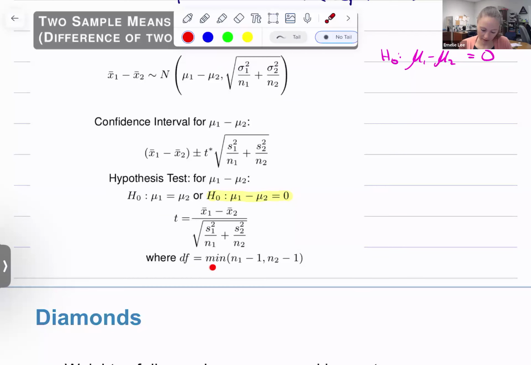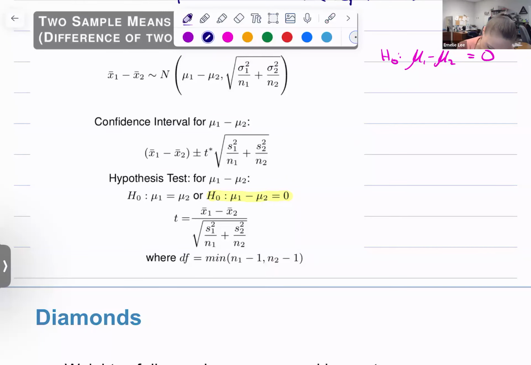Now, the only tricky part is the degrees of freedom we are going to use. There's a huge formula that software uses, but we're not going to use that because that's crazy. We're going to use the smaller sample size minus 1. Reading this here, it has the minimum function, which takes the minimum of 2 values or more, in our case 2, so n1 minus 1 or n2 minus 1.